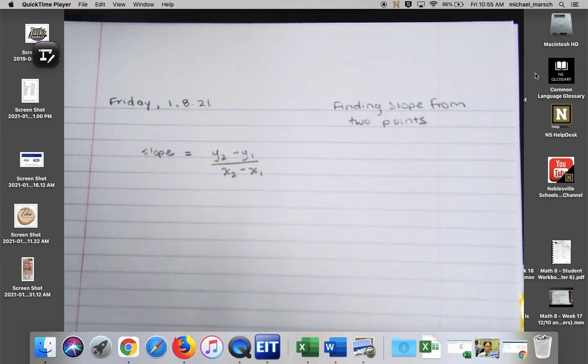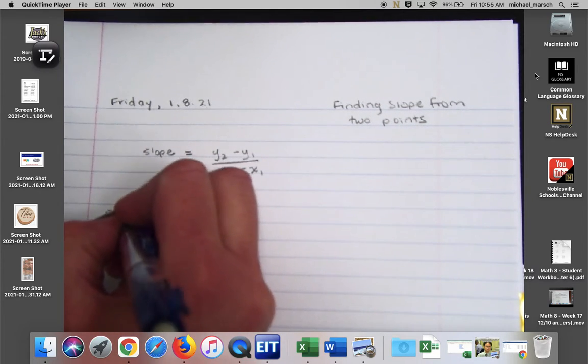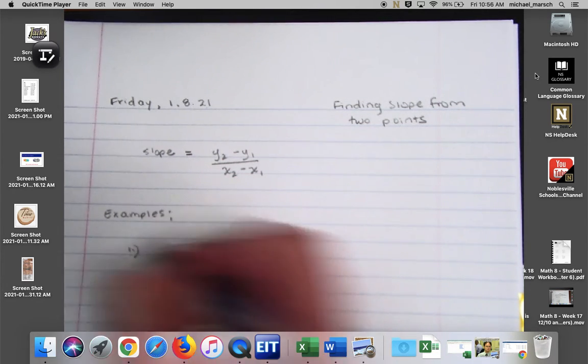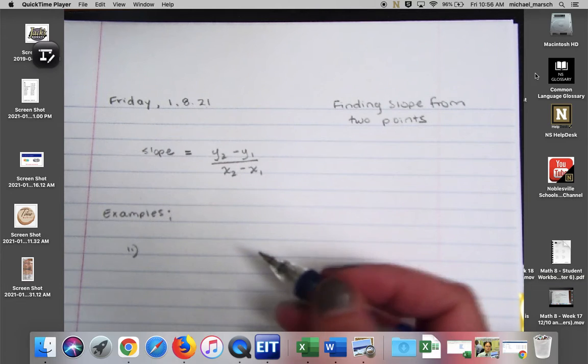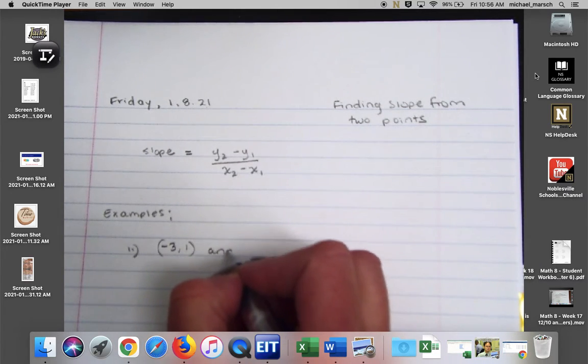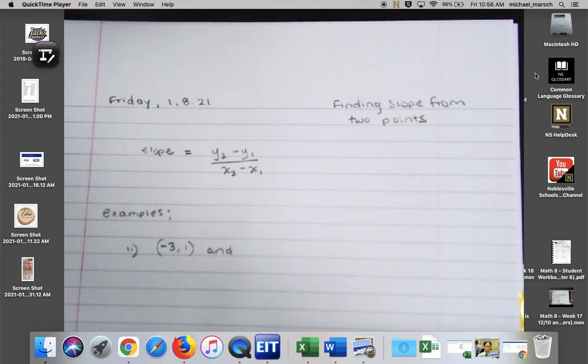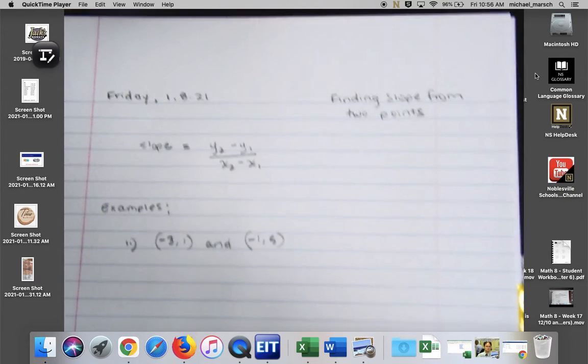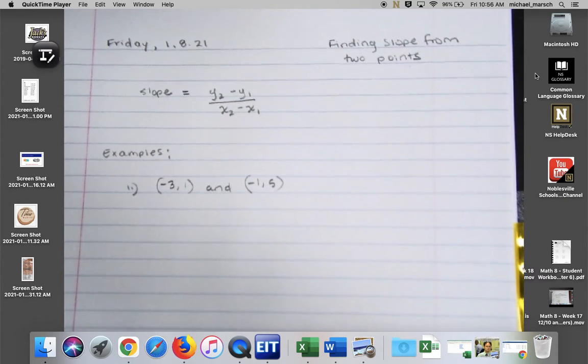Let's just start with some examples. I'm going to give you 2 ordered pairs: -3, 1 and -1, 5. We're going to figure out if these 2 points were on a graph, what would the slope be to get from one point to the other?